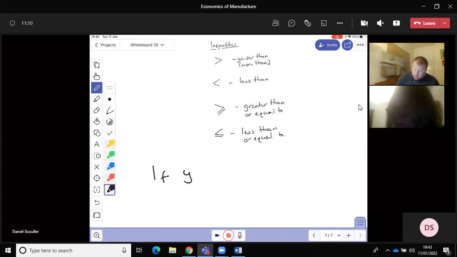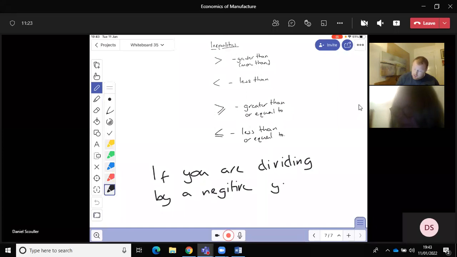If dividing by a negative, you need to flip the sign in the middle.